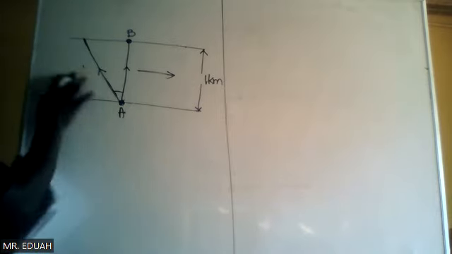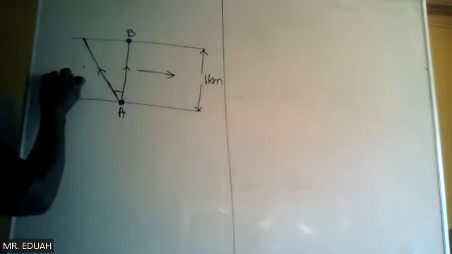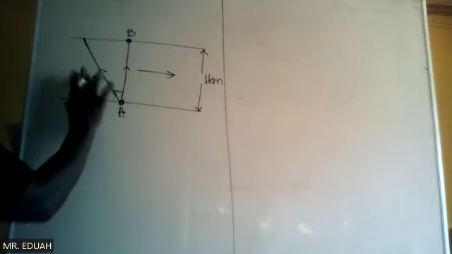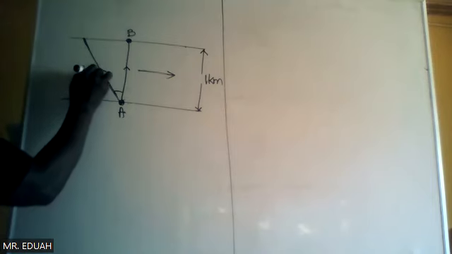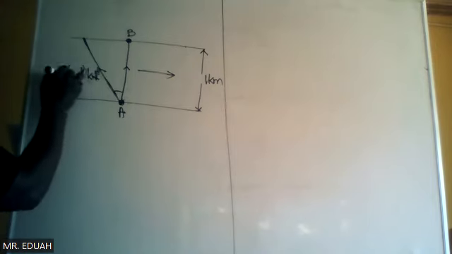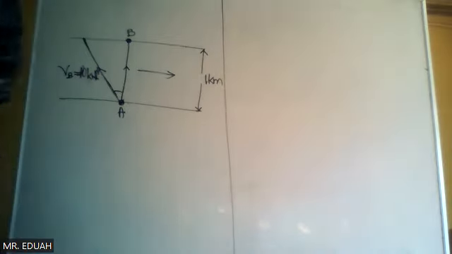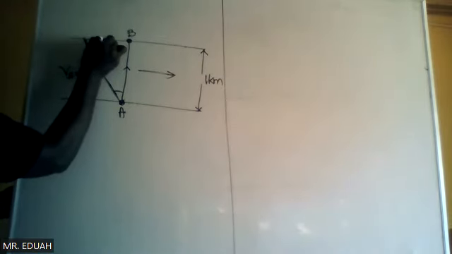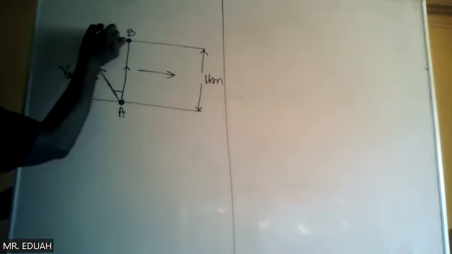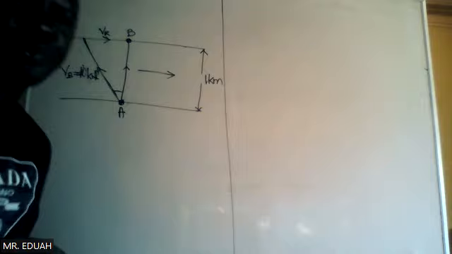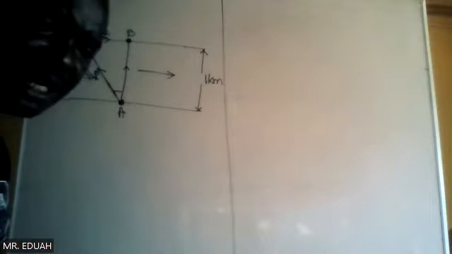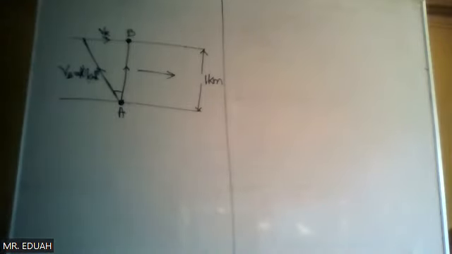All that we know is that this velocity was given to us as 10 kilometers per hour. This is V of the boat. We are assuming the river flows in this direction, so this vector represents the velocity of the river, V of the river. All that we intend doing is to represent the velocities so that they create a certain triangle, so we can solve our question.